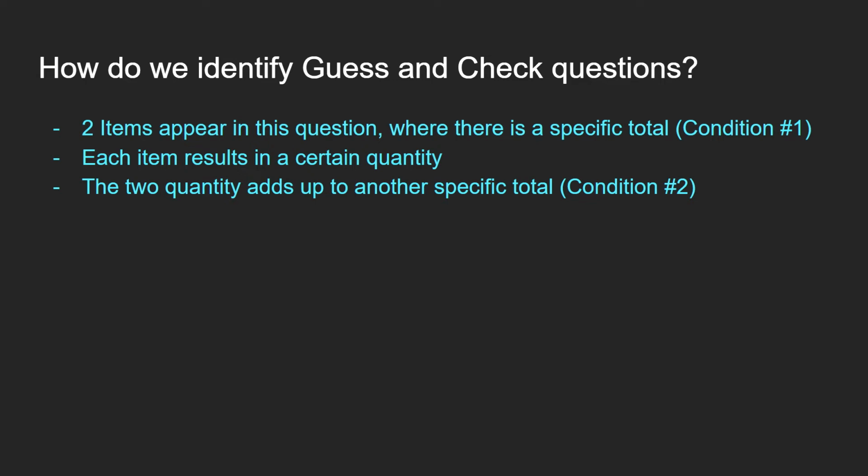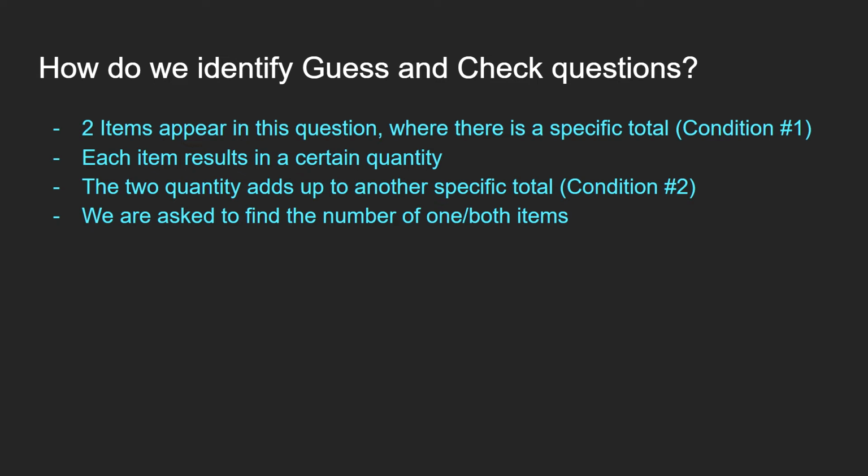And the last thing they will want us to do, which is usually the end question for guess and check questions, is basically to find the number of one or both items. So out of the 20 cent and 50 cent coins, how many 20 cent coins are there? How many 50 cent coins are there?